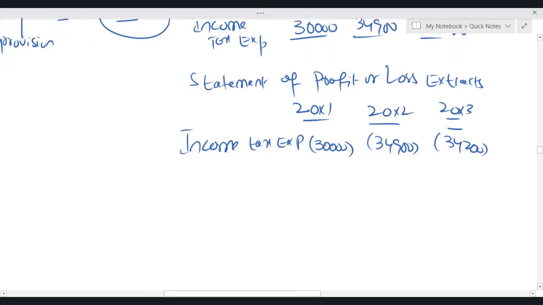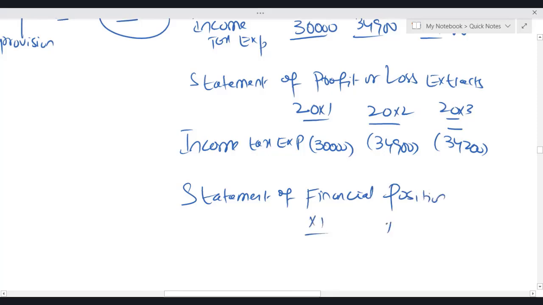SOFP. Statement of financial position as at X1, X2, X3.